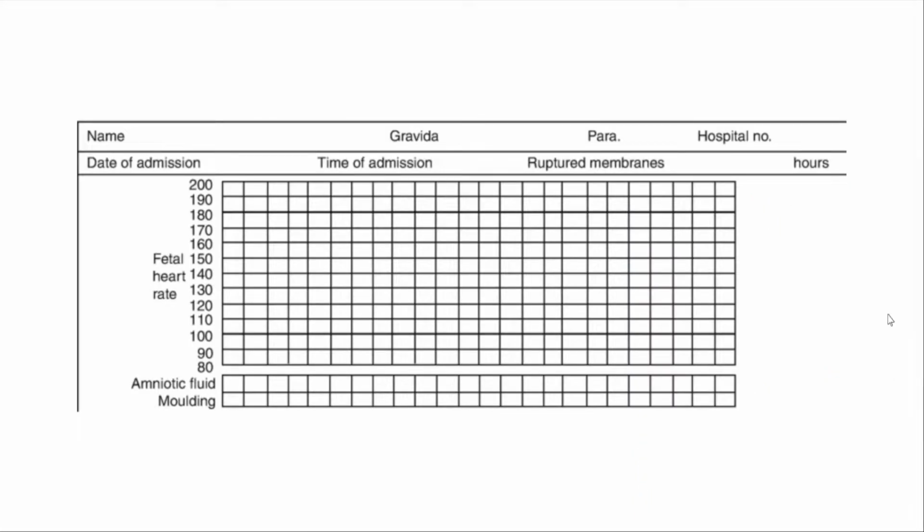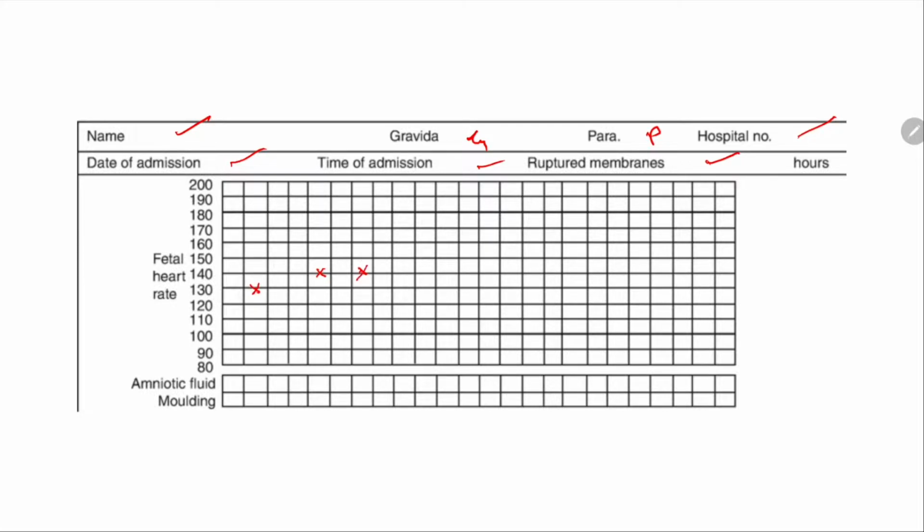So let's start with the first section, which is the fetal condition part. It has your basic name, the gravida and para, as we talked about, the gravida scoring. So the G score and the P score have to be written here, the hospital number of the patient, some basic details, whether the membranes are ruptured, and at what time. The most important parameter to measure here is the fetal heart rate, which is tracked along this graph.